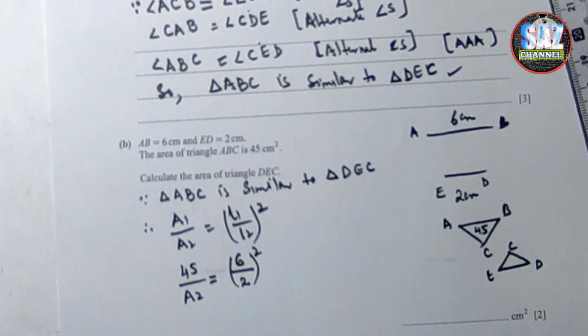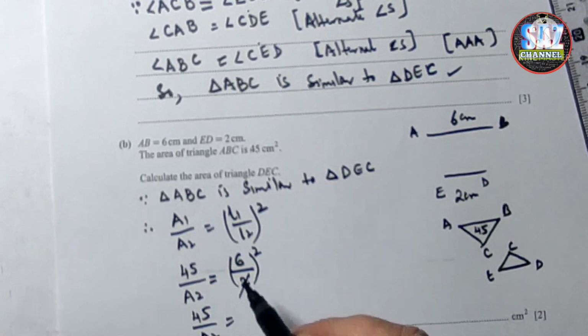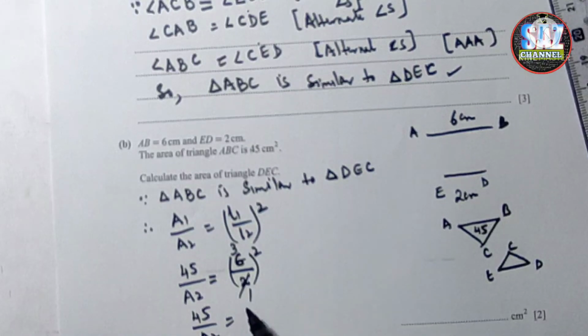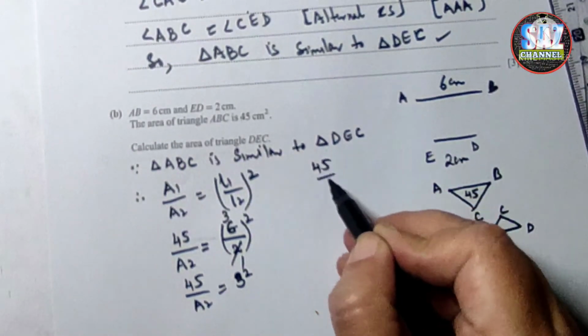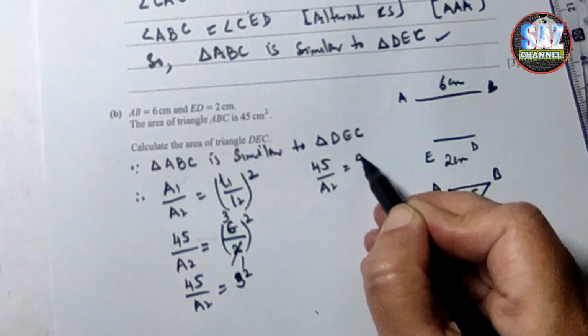As this is paper 1, we need to make calculations mentally. 45 upon A2 equals 2 ones and 2 threes, which is 3 square. So 45 upon A2 will be equal to 9.